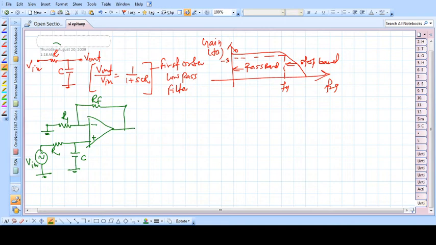Basically what we are doing is putting the RC here.